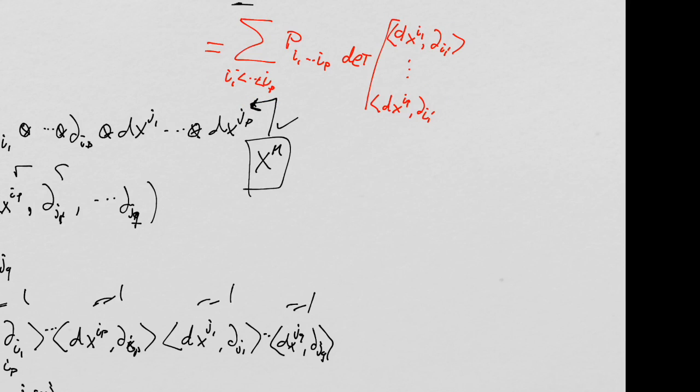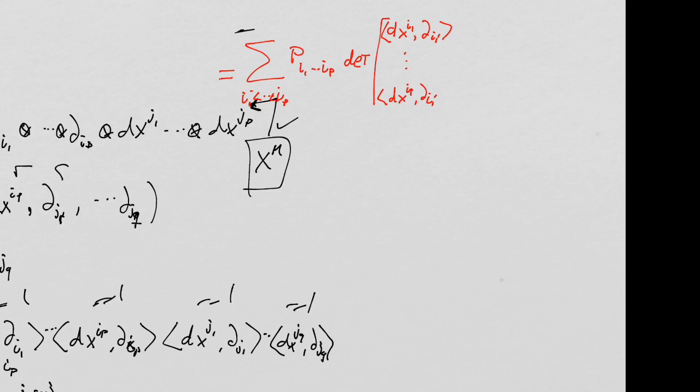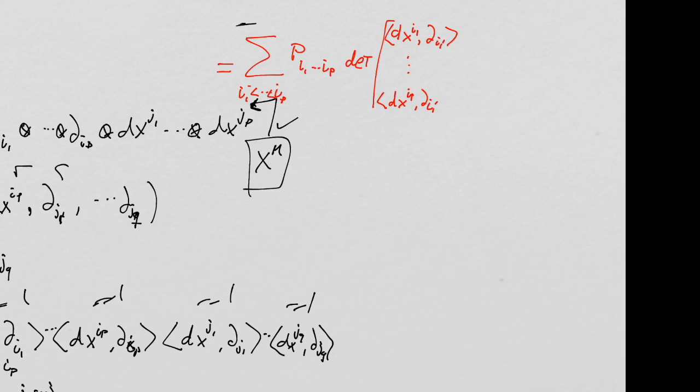Sorry. All right. And then it's dxi1 partial IP prime and dxip partial IP prime, like that.